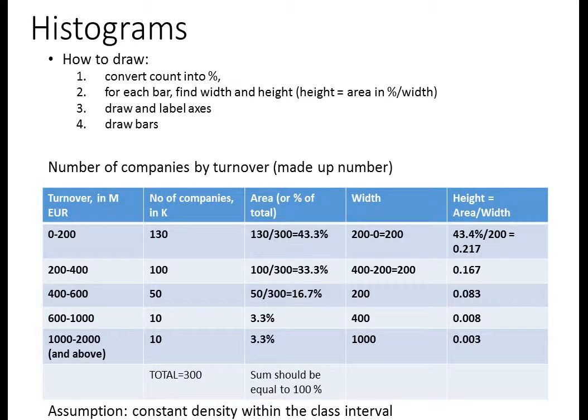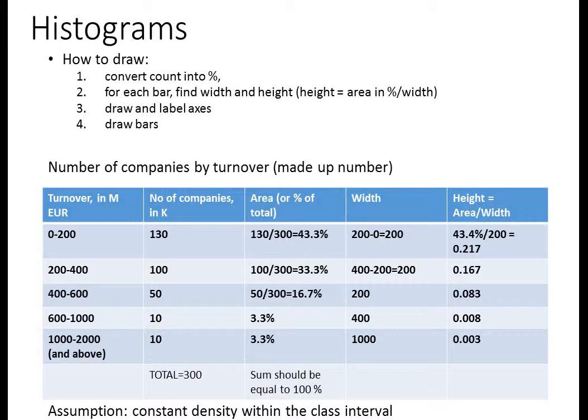So, I think that a really good starting point for learning more about the distribution is to look at such a simple thing as a histogram. So look at the table on your screen, and I suggest you focus on the first 2 columns. You see that we have information about a total of 300 companies and they have different turnover. The first column shows this different turnover by intervals.